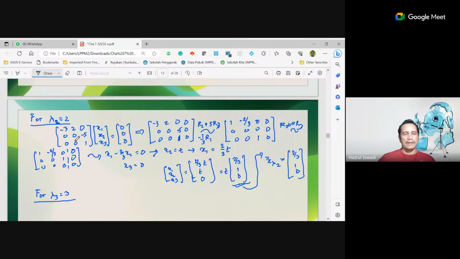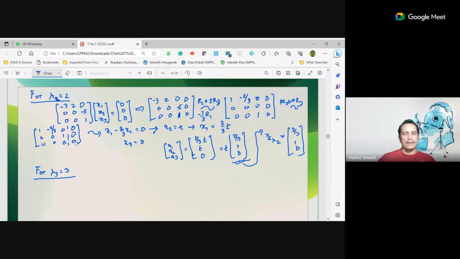We have the matrix with rows -4, 2, 0; 0, -1, -5; and 0, 0, 0, times x1, x2, and x3, which is equal to 0, 0, 0. Okay, then, yeah, it is routine.